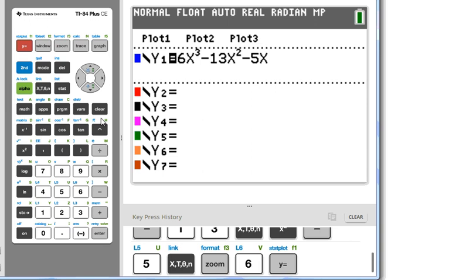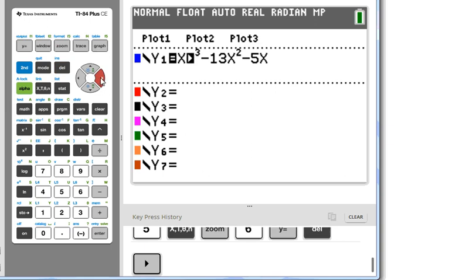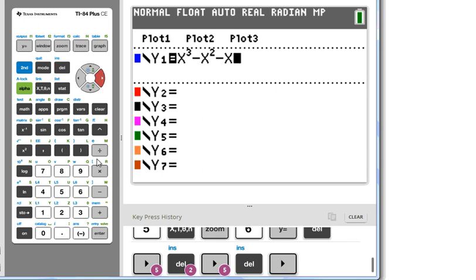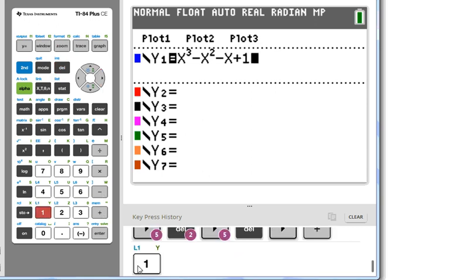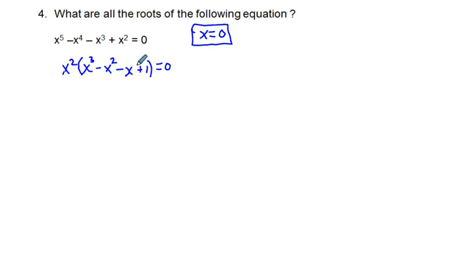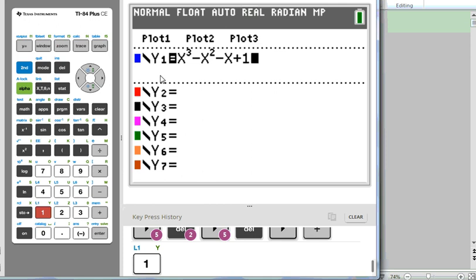So x cubed minus x squared, over here minus x, plus 1. And I think that's right. Let's go check to be sure here. Yeah, that's right.